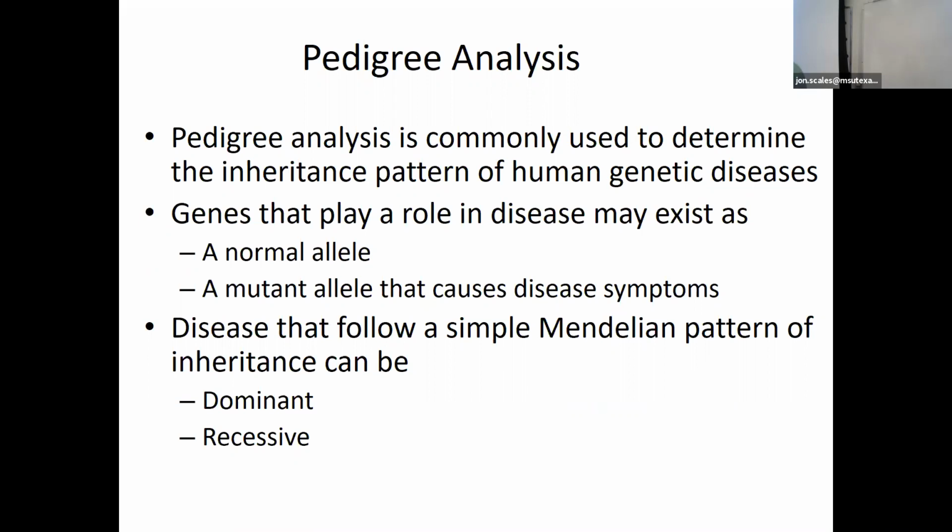Okay? On the X chromosome, it's a little more tricky because females have 2 X chromosomes, males have 1. So with X-linked traits, the mutant alleles show up in the phenotype in males more frequently than females, because for females to have a recessive trait would require both X chromosomes to be mutant, while males only require 1 X chromosome be the mutant because they only have the 1 X chromosome.